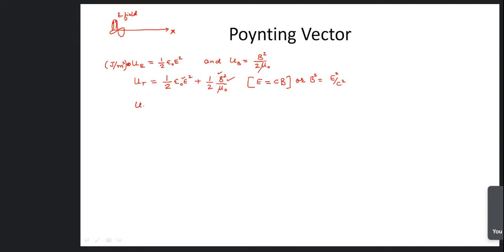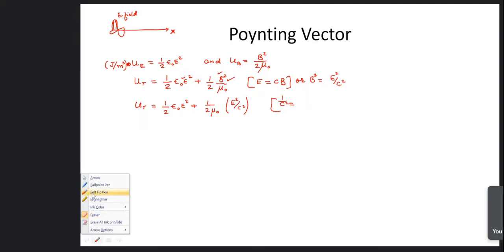So total energy density for electromagnetic wave is the sum of these two terms: half epsilon naught E square plus half, let me write mu naught as well, and this is B square, which is E square divided by C square. And we also know from our previous understanding that 1 over C square is mu naught epsilon naught.